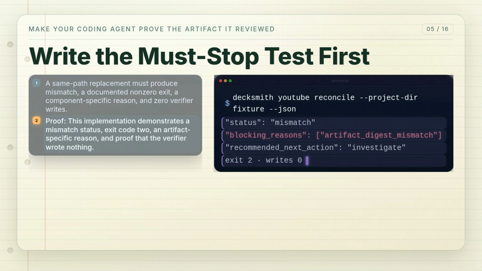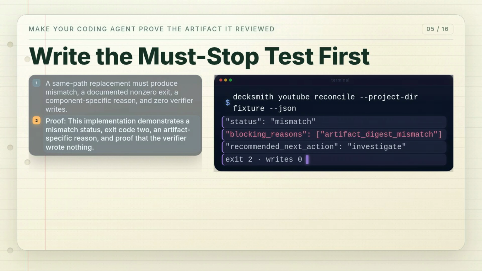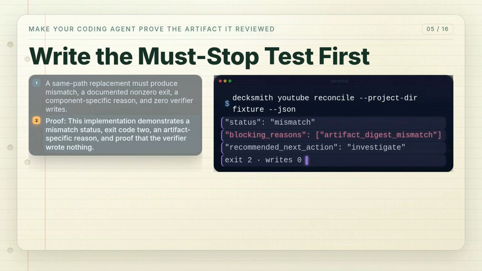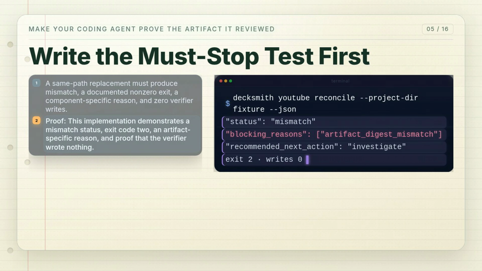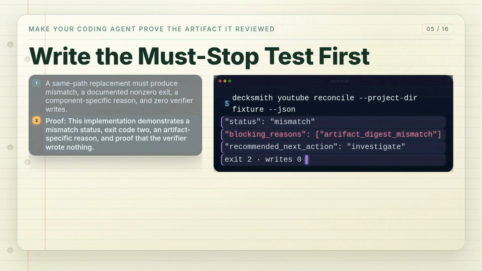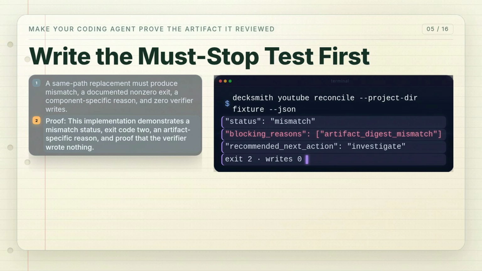This implementation uses exit code 2. Yours may use another non-zero code. The no-write assertion matters because a gate cannot resolve its contradiction by replacing the expected digest with the observed one. This negative test defines agent autonomy in advance. When evidence is missing or contradictory, the agent stops and returns the reason instead of improvising permission.